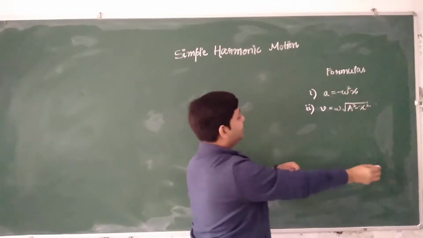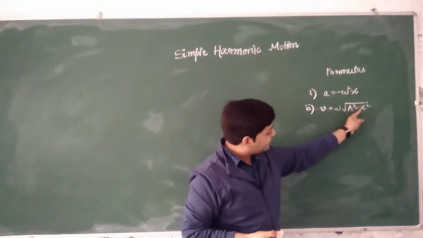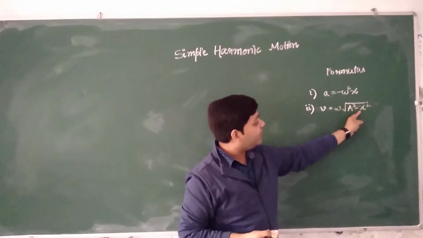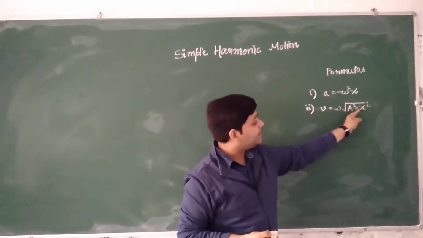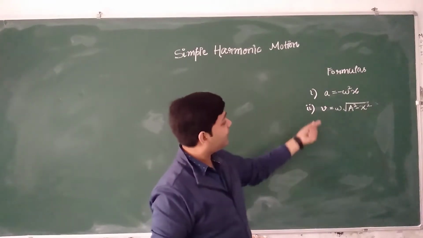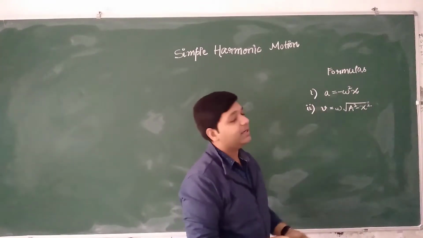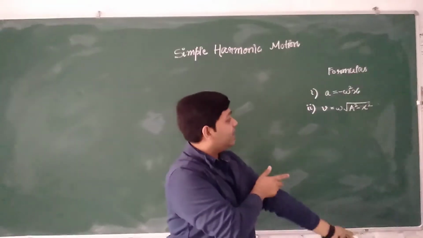So this formula relates the velocity of the particle with its displacement from the mean position. If the displacement of the particle is equal to capital A, then the velocity is 0. We all know that. So this equation is perfectly correct. v is equal to omega under root of A square minus x square.